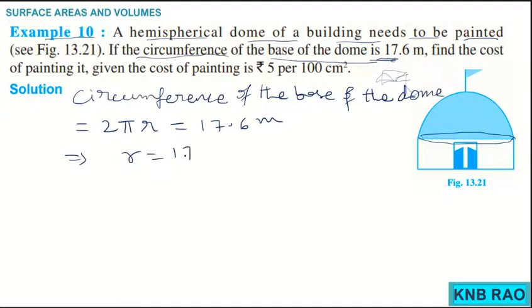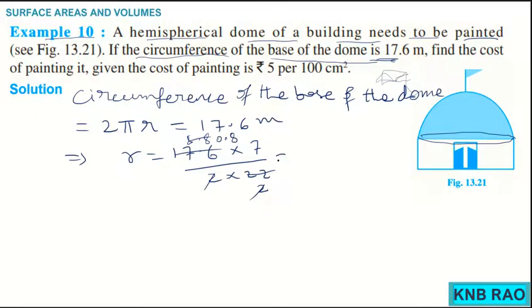r equals 17.6 into 7 by 2 into 22, substituting the pi value. Now, on cancellation, 2 8s are 0.8, 11 2s are 22, and with the 2 again it gets cancelled.